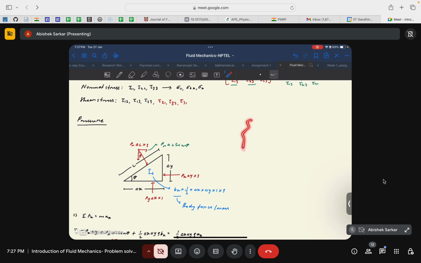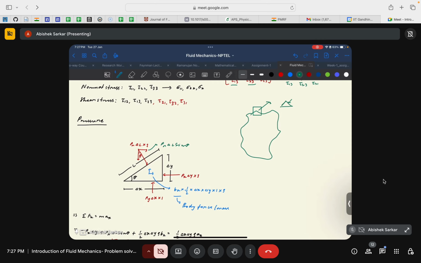If we use, say, a jagged shape and want to find the pressure in this case, it is very difficult to find an expression for the surface area of this kind of shape. We can't do it, so we zoom in further, like this. Then we can approximate it as this kind of shape, and using this we can find the components.